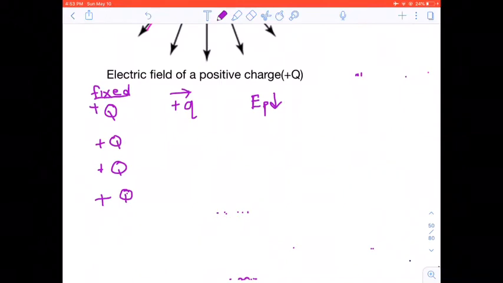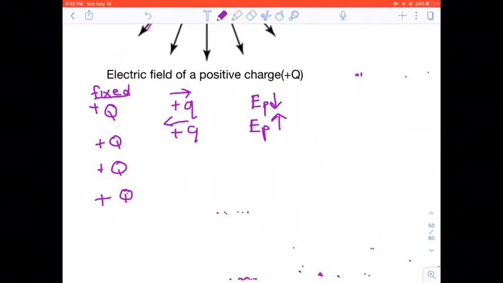Right? If I have a charge Q, also plus there, right, we find that if this is moved towards Q, we find that potential energy increases.